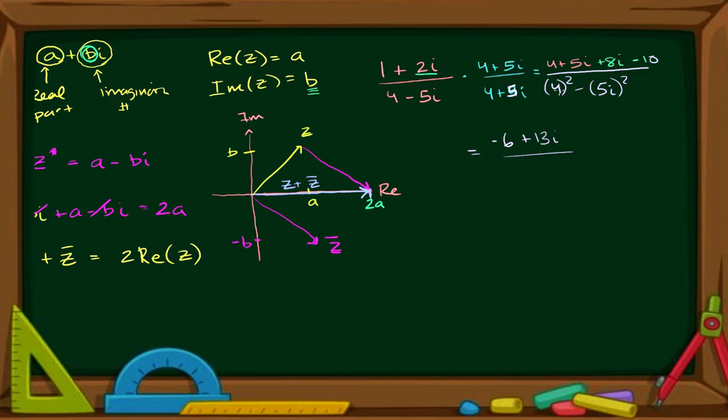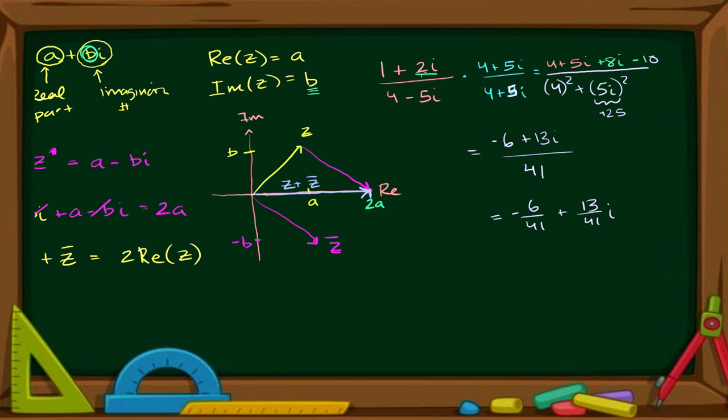And then you have 16 minus 5i squared. Well, 5i squared, i squared is negative 1, 5 squared is 25, so it's negative 25. The negative and the negative cancel out. So you have 16 plus 25. So that is 41. So we can write this as a complex number. This is negative 6 over 41 plus 13 over 41i.